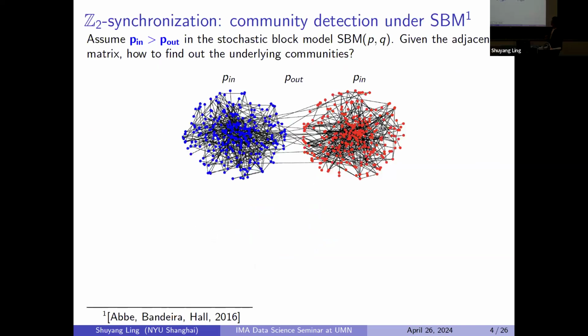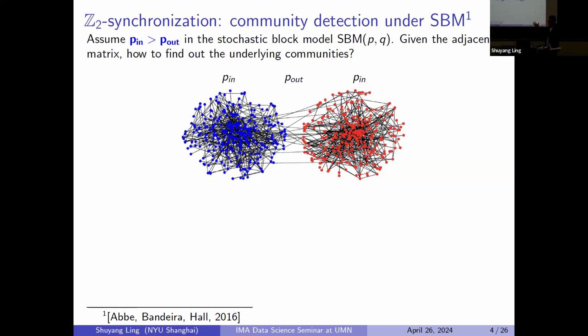This Z2 synchronization also has application in graph clustering. Actually, the graph clustering problem can also be formulated into this one. In the previous slides, I talked about Gaussian corruption, but here it's basically binary corruption. This is one of the benchmark models in community detection, called the stochastic block model.